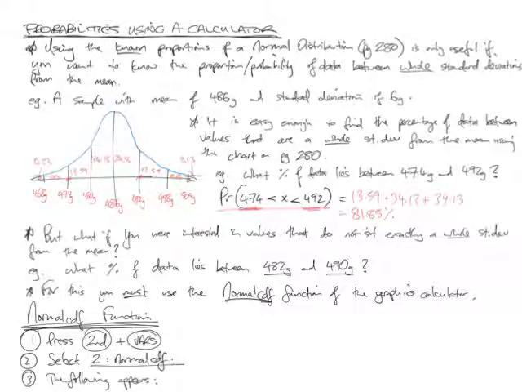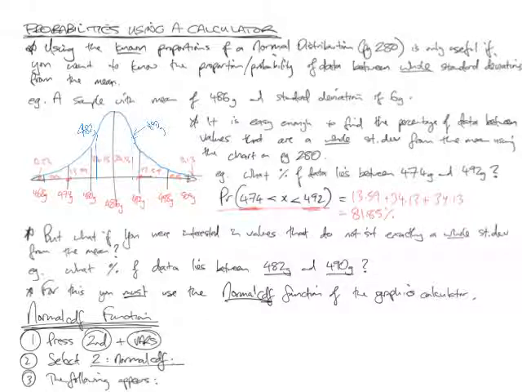So yeah, 81.85%. But what if you're interested in values that don't sit exactly on a whole standard deviation of the mean? What if you're interested in the percentage of data that lies between 482 and 490? So what if you're interested in the data lying between here and here, say 490 grams and 482 grams?